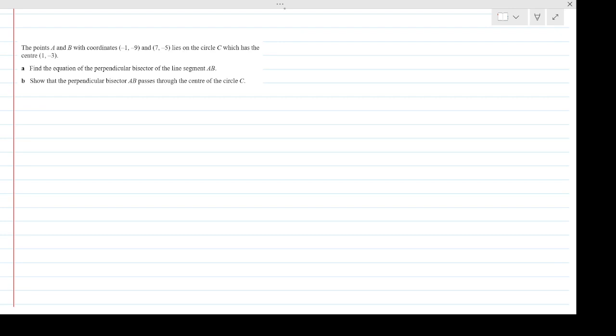So let's draw our points A and B here. A is minus 1, minus 9, and we have B down here, perhaps that's 7, minus 5. Again, a rough sketch of a line. Probably not accurate, but that doesn't matter in this particular case.